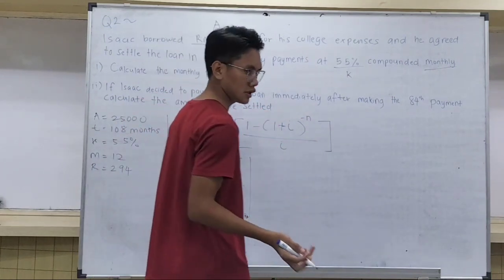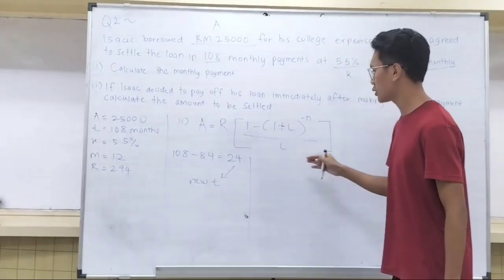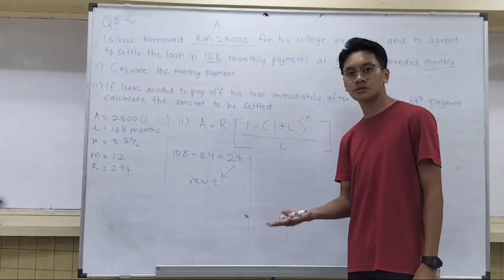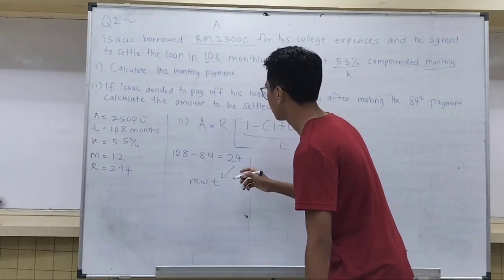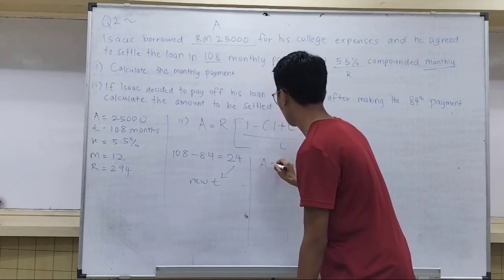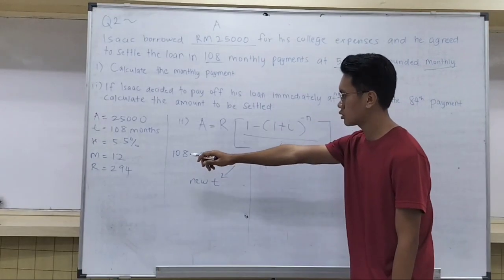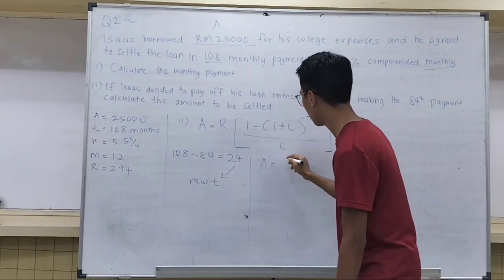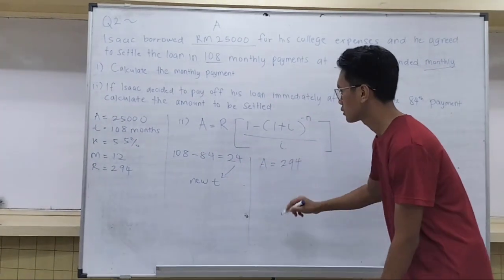First of all, we need to put all the information that we got. We don't have A. A equals R, and R is 294, which we got recently, right?